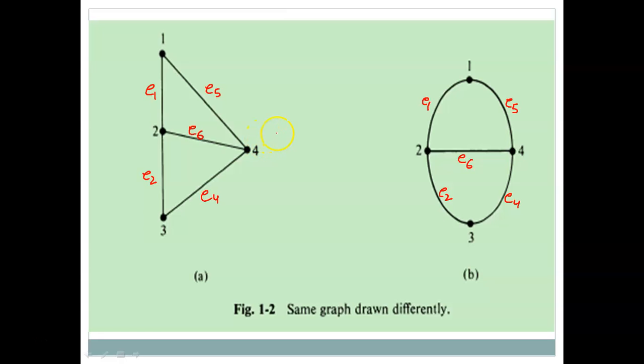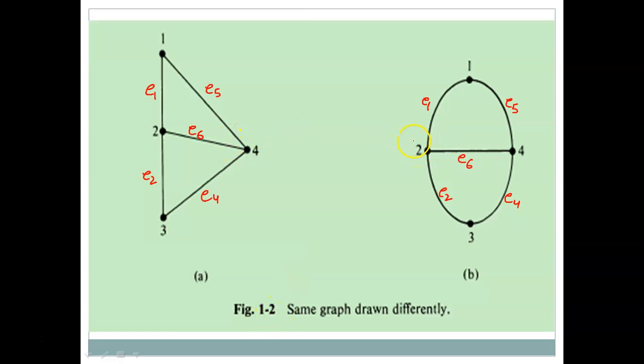This is one graph, and it has two types of representation. Between two vertices we have an edge E1, so both representations are the same. These two graphs are the same, not different.